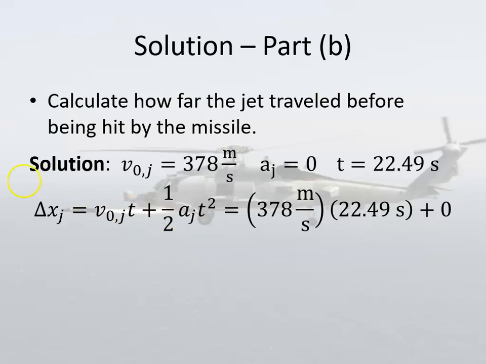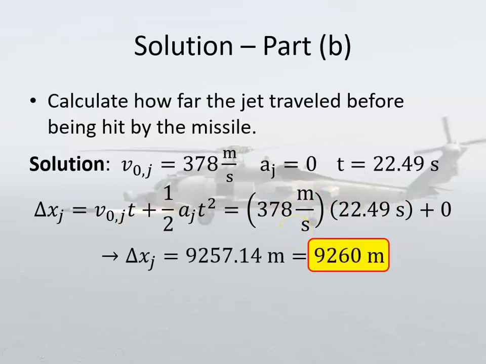So what we're left with is just the initial velocity of the jet times the time it took for the missile to catch up to it, which we have from the previous part. And that turns into, multiplying them together, a distance of 9,260 meters, so about 9.26 kilometers. So I guess that's a little shy of 6 miles.